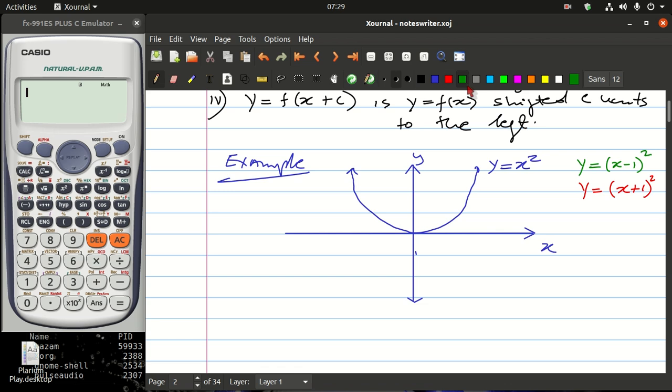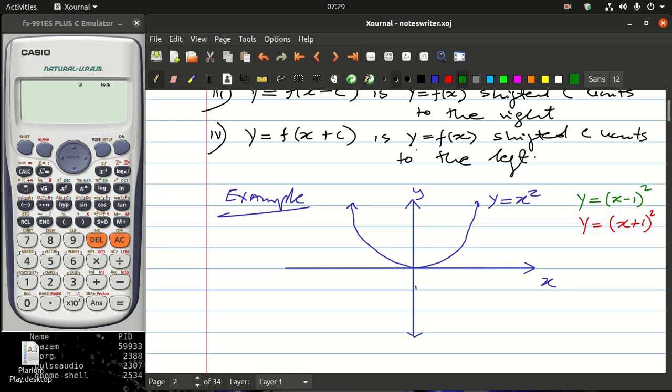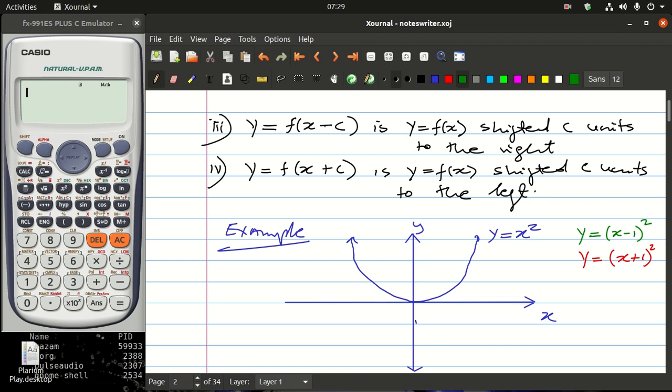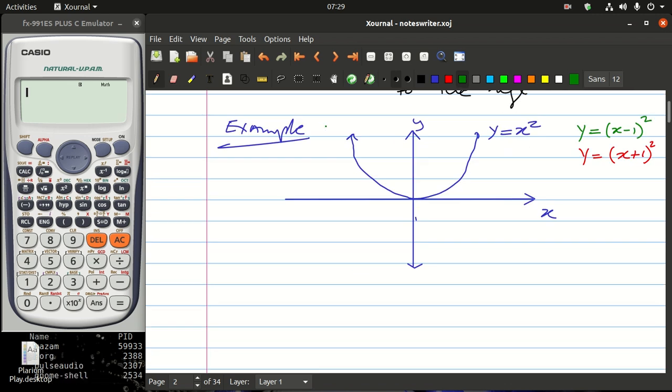Now, if we want to find this, rule 3 is saying that when you have a minus there, you're moving to the right. So you pick a point here which is 0, and you want to move it 1 unit to the right, so that point should be there. You pick a point on the curve and you want to move it 1 unit, it should be there.